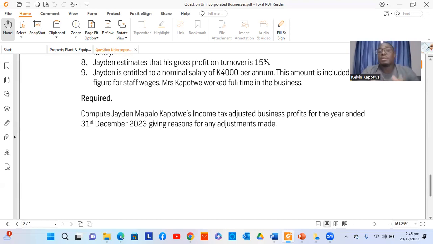So the examiner wants us to compute the adjusted business profit for Mr. Kapotwe, and then after we've made those adjustments, the examiner wants us to give reasons for the adjustments that we've made. The reasons that you're going to give are the reasons that the Income Tax Act gives you with regard to those adjustments. So let's start reading the question now.